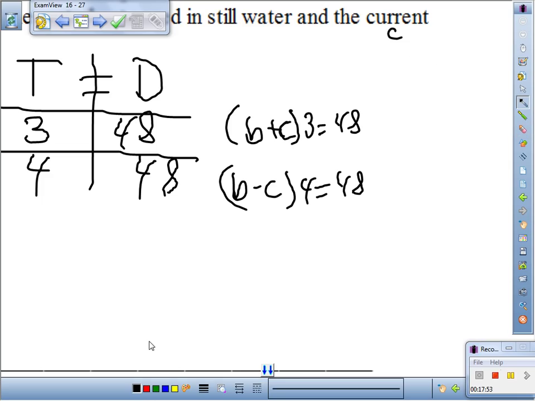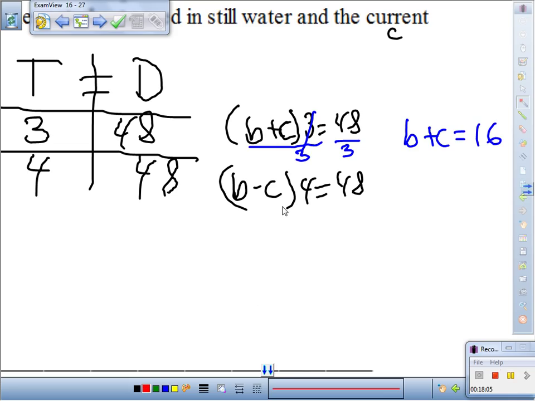Okay. I'm going to get rid of the 3 for this one. So if it's multiplying, I need to divide both sides. That leaves me with B plus C equals 16. Here I'm going to get rid of the 4. So that means we're left with B minus C equals 12.